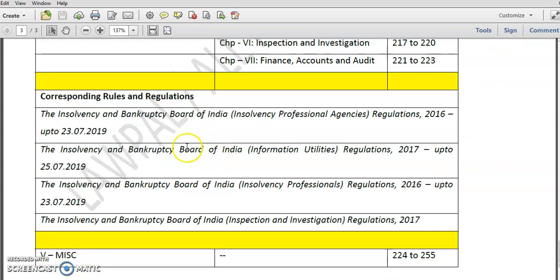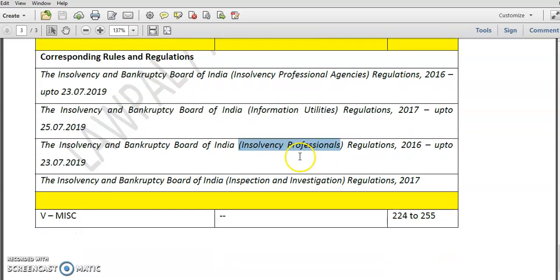Now these are the corresponding rules and regulations for part 4. Insolvency and Bankruptcy Board of India, insolvency professional agencies, similar regulations for information utility and for insolvency professionals. Okay. And the last one is the inspection and investigation regulations.